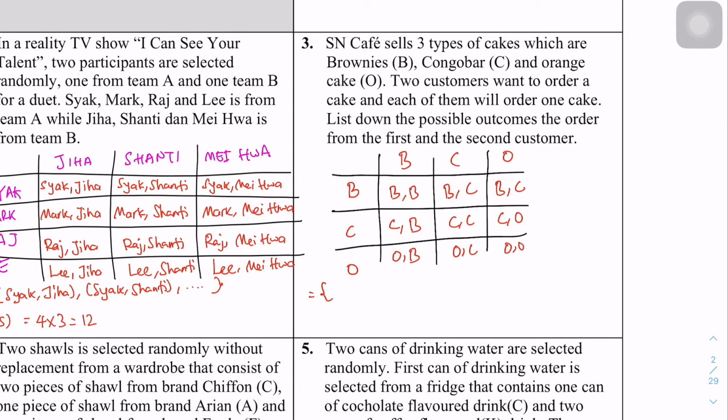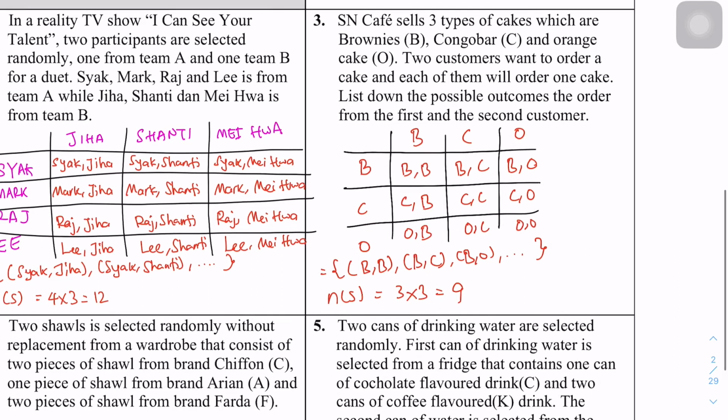In our sample space, you need to list it out. So we have B, C. So this one is BO, and so on. So the number of sample space, we have 3 times 3, which is 9.